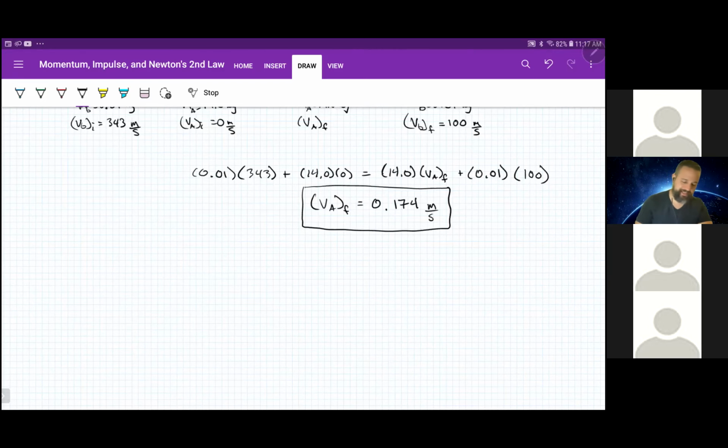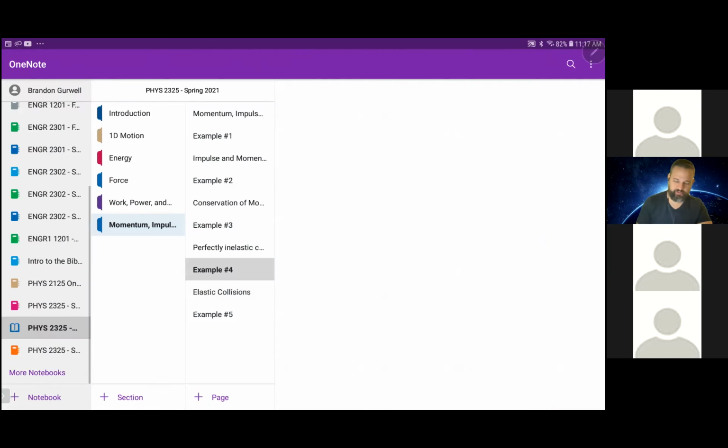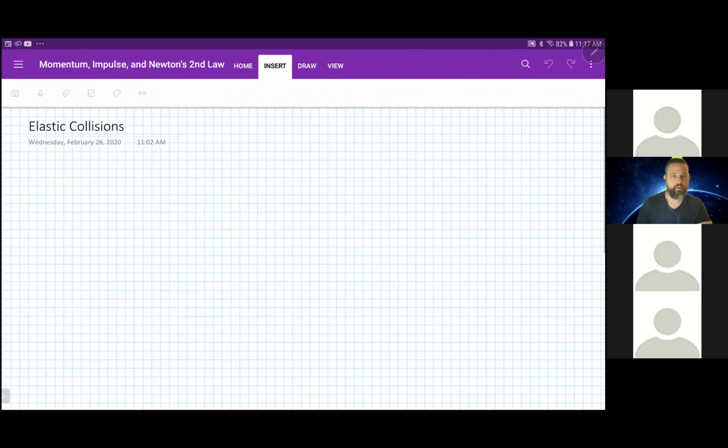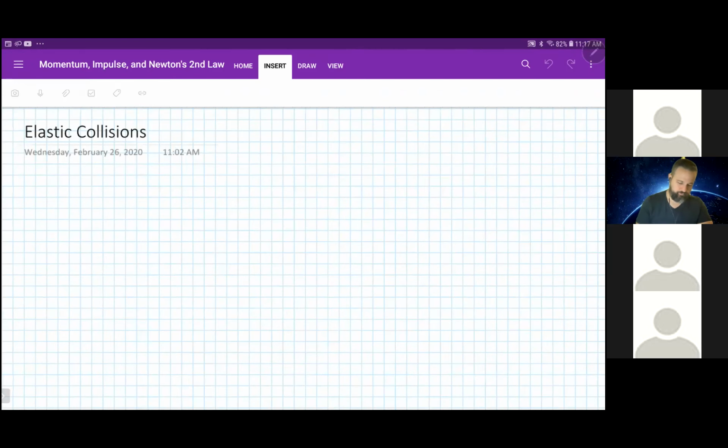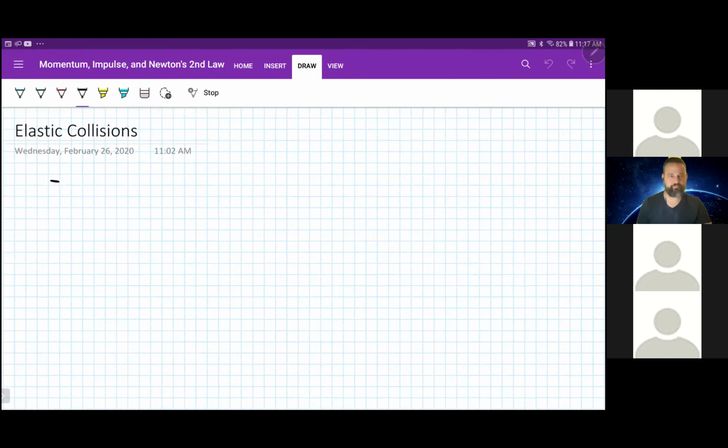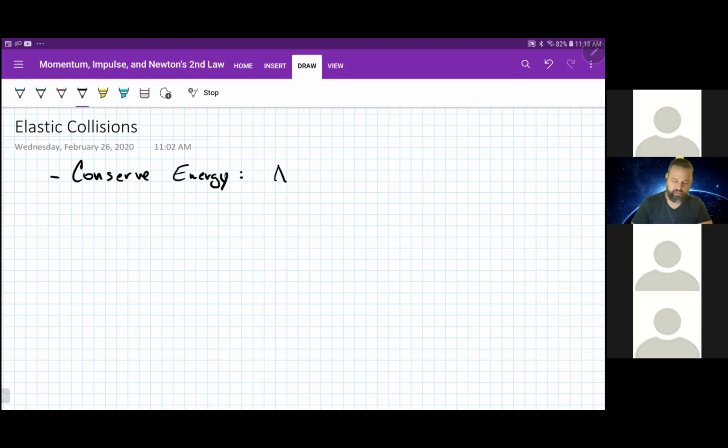So that was inelastic. Let's look at elastic collisions. As I stated on Wednesday, elastic collisions conserve energy. So the change in E is equal to 0.